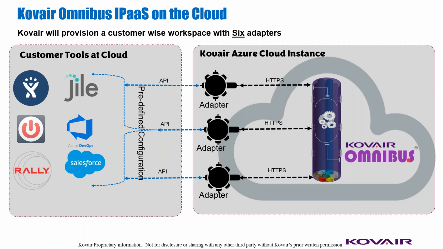The adapters are all pointing to 6 very popular cloud tools: Jira, ServiceNow, Rally, Salesforce, Azure DevOps, and Agile. Once you opt for this platform, you can connect the tools, pick any of the pairs that have been offered in the marketplace, and achieve the integrations that you want to do.